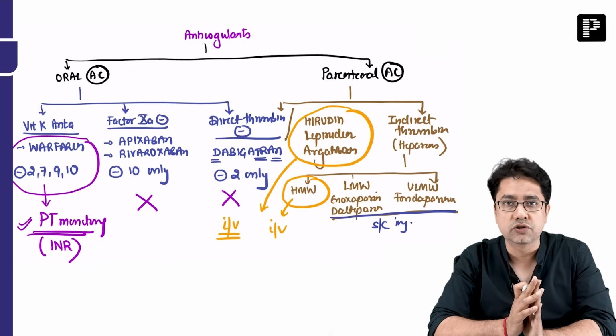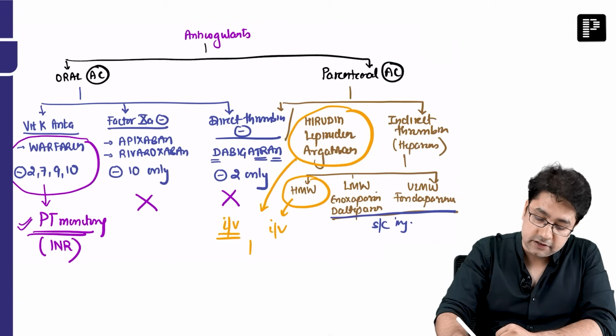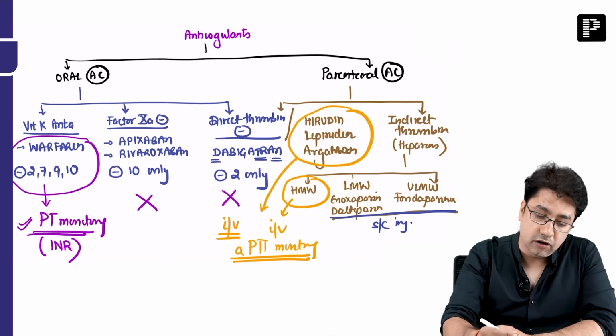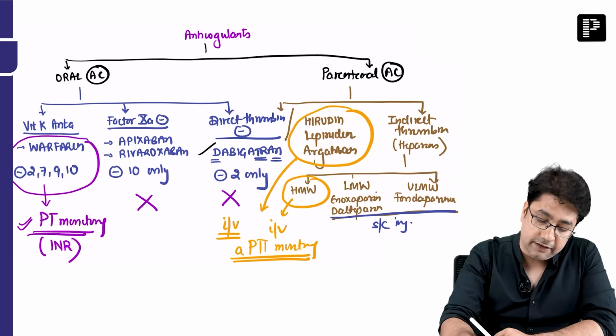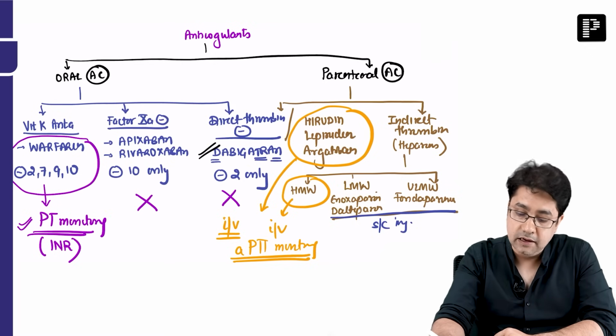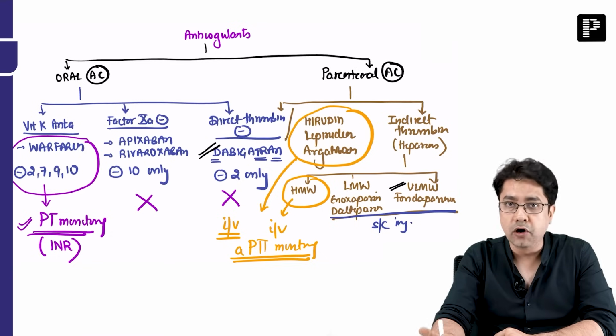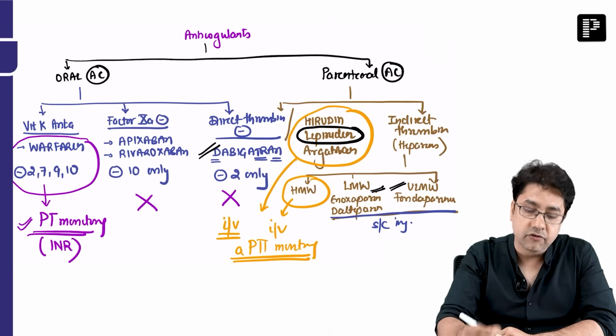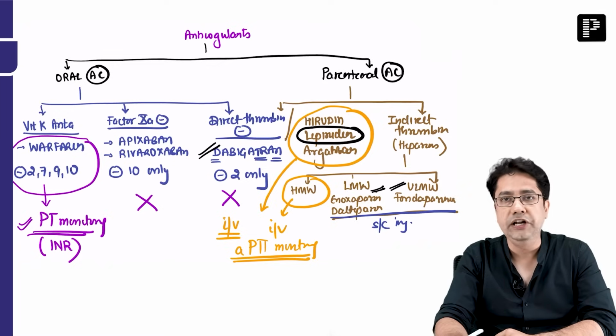They are safe to be used. And IV anticoagulant drugs require APTT monitoring. Now, in our question, we had the option of dabigatran, no monitoring, fondaparinux, no monitoring, enoxaparin, no monitoring, but lepirudin was asked, which requires APTT monitoring.